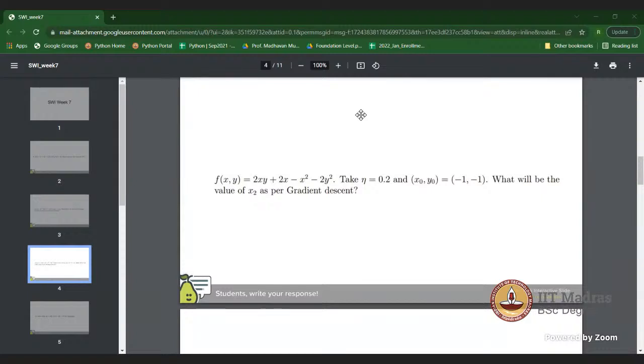Like we have 1/2 power t or 1/(t plus 1), something like that. Then the value of eta changes with the iteration. Okay, so t there is the number of iterations. Understood.